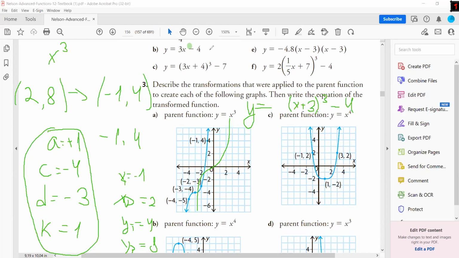It is easier to look for translations because transformations won't change the origin for a cubic function. Even if you transform your function a lot, it will still have the same point at (0, 0). But if you translate your function, then this point will move away. That's how you can understand all the translations.